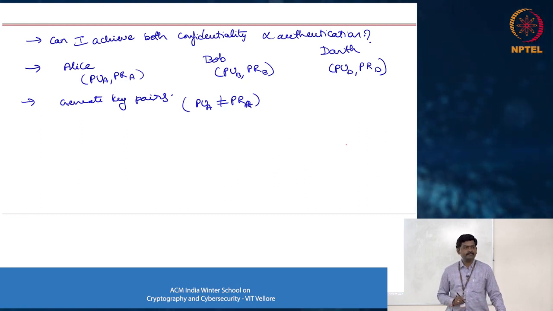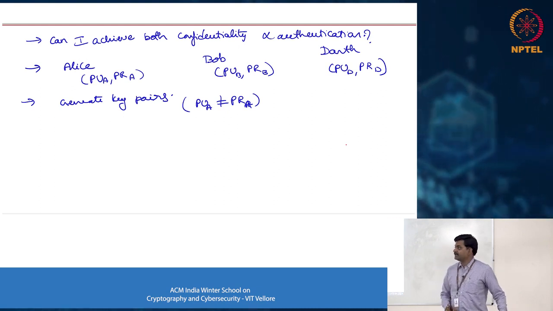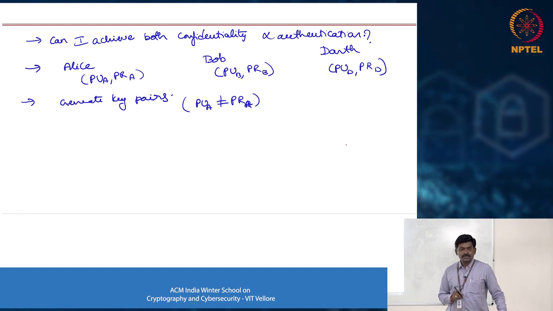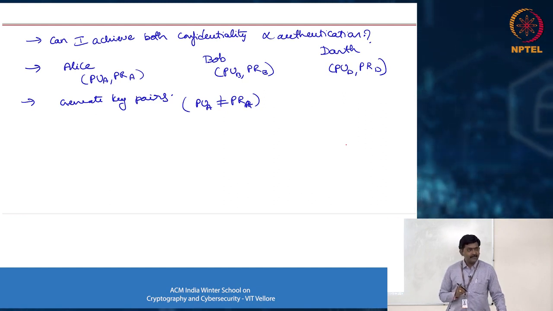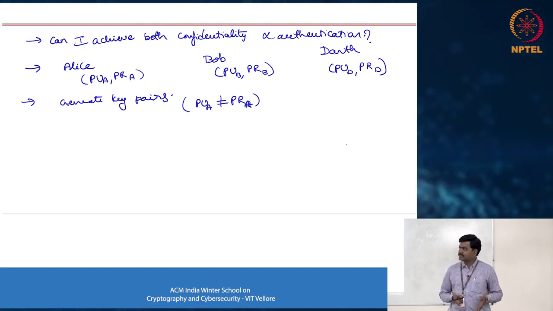And above all that, when one key is made public, somebody should not be able to calculate, infer, or deduce the other key, because you kept one key as public.